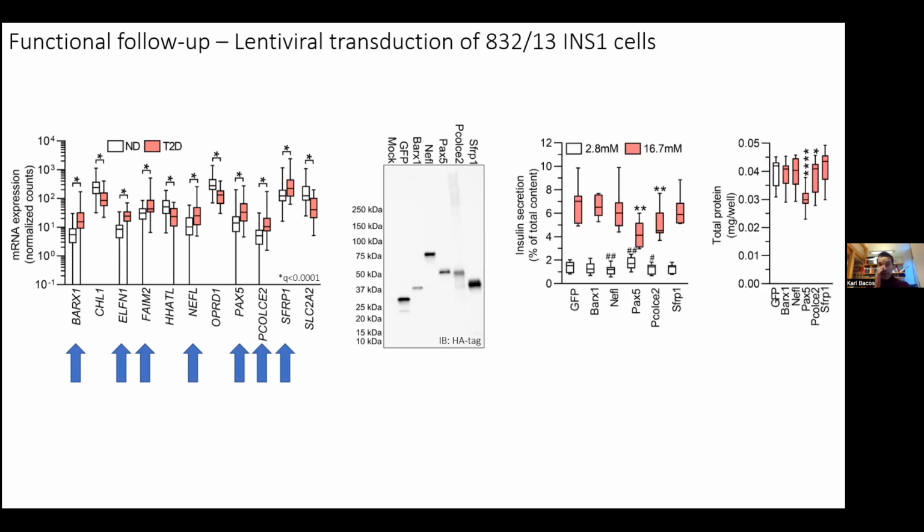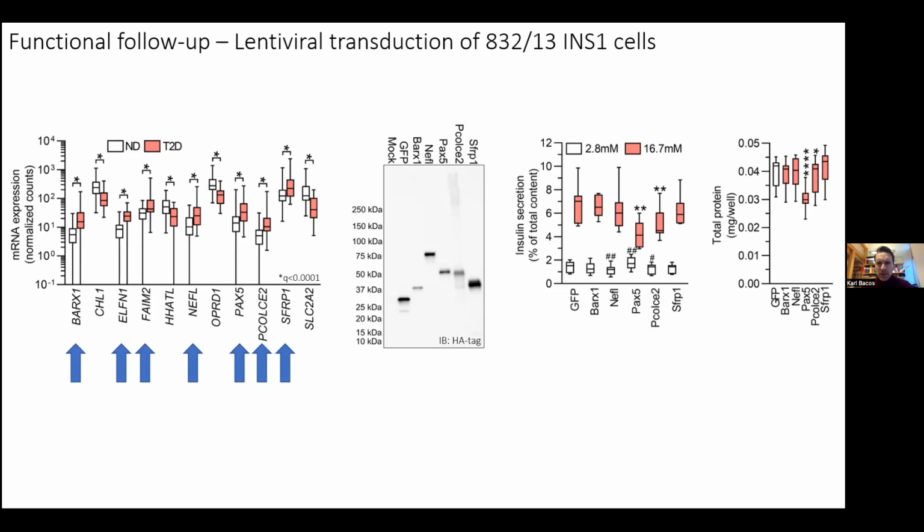And again, we see effects on insulin secretion. So PAX5 overexpressing cells have increased basal secretion and reduced glucose-stimulated insulin secretion. There are also some effects in cells overexpressing NEFL and PCOSA2, but PAX5 showed the strongest effects.